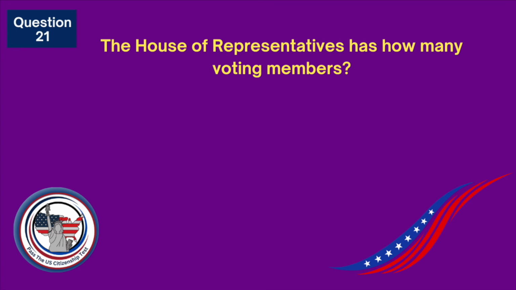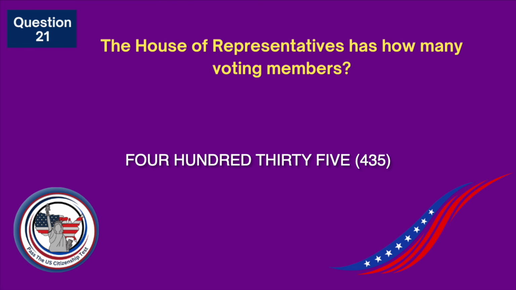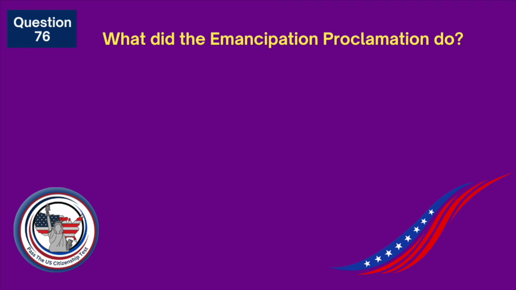The House of Representatives has how many voting members? 435. What did the Emancipation Proclamation do? Freed the slaves.